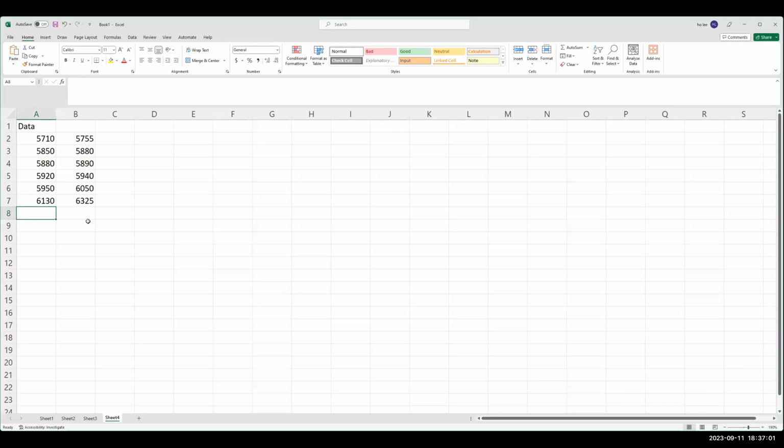I'm going to count to see how many we have. What is our N? This is equal to count of all the numbers here. Close parentheses, and we have 12. We have 12 data points here. All right, so from here, in the example, they say to calculate where the 80th percentile is.